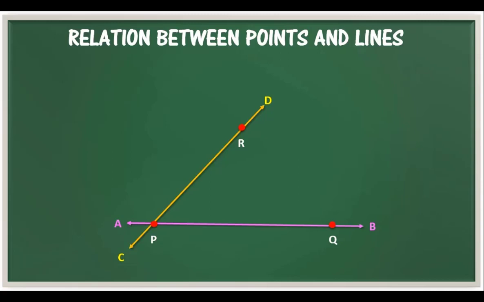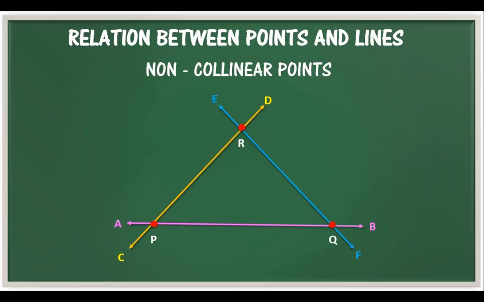And points R and Q lie on the line EF, but P doesn't lie on the same line, which means that points P, Q and R do not lie on the same straight line. Therefore, they are non-collinear points.